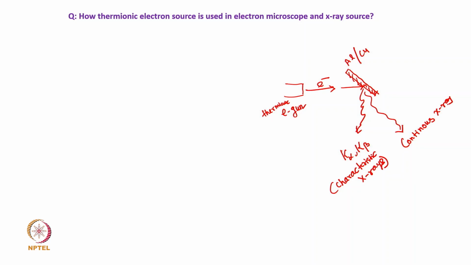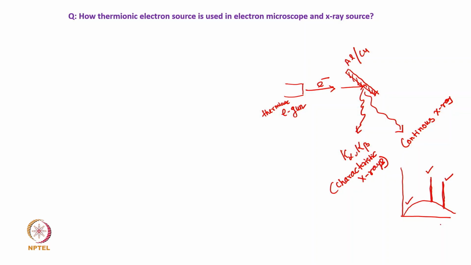Typically, when you record these X-rays coming out from these sources, you will see that there is a continuum background and then there are some characteristic peaks. So, these are characteristic X-rays and this is a continuum background.